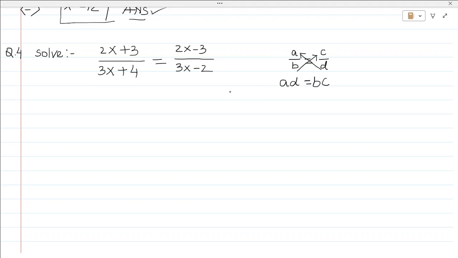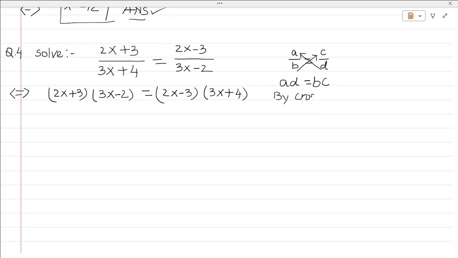So using the same thing, by cross multiplication, we get 2x plus 3 multiplied by 3x minus 2 is equal to 2x minus 3 multiplied by 3x plus 4.